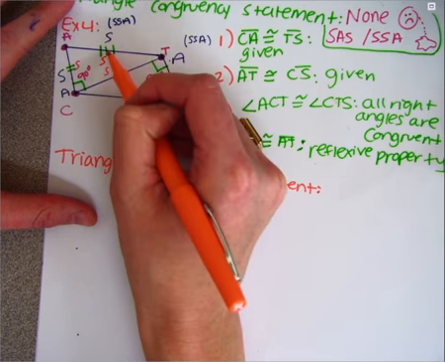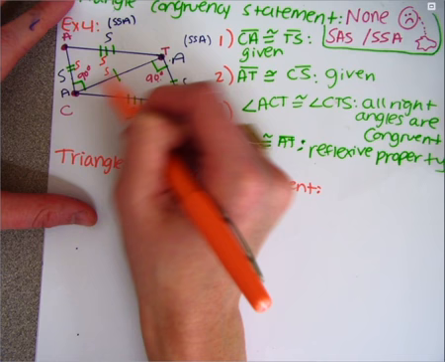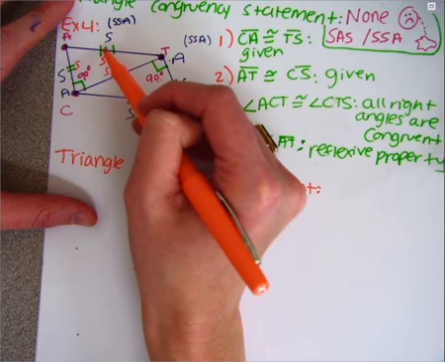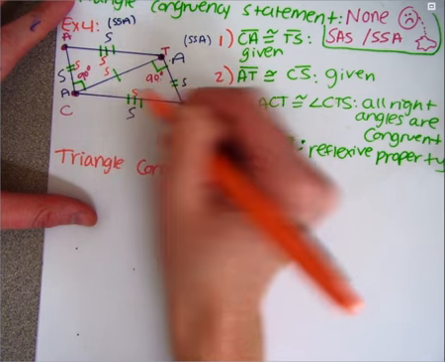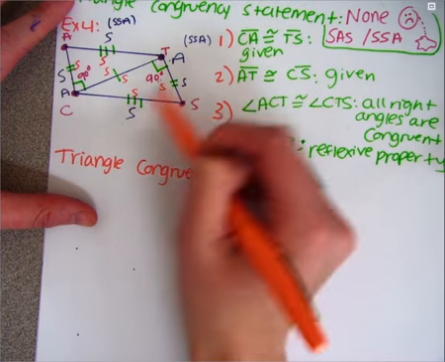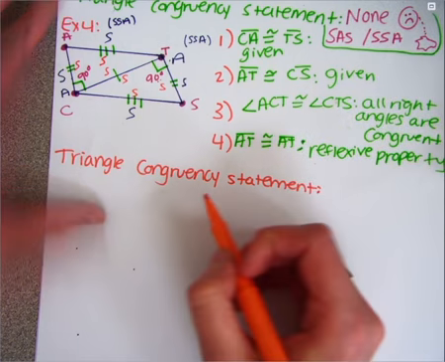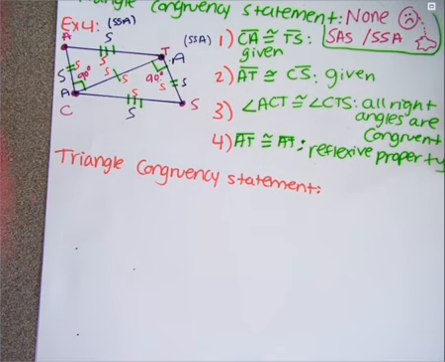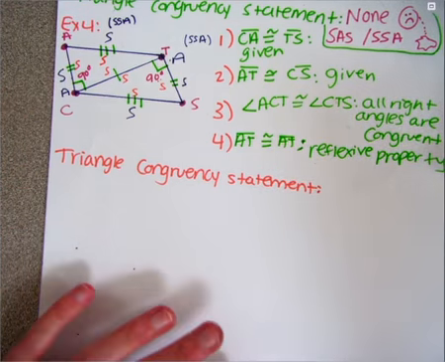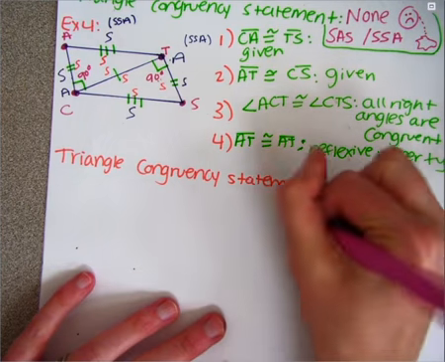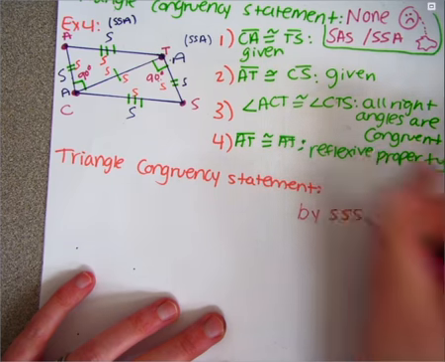Do you guys see the side, side, side? Now I know there's things along the way that I could have marked in, but I have three sides congruent in the top one, and I also have three congruent sides in the bottom one. So the two triangles are congruent. One of the ways is by SSS, which is pretty cool. So one way, they're congruent by SSS.